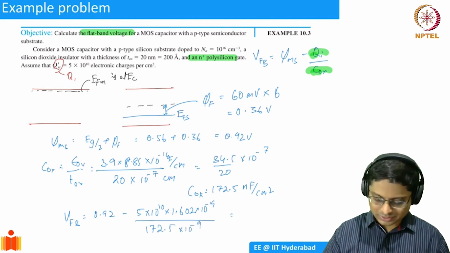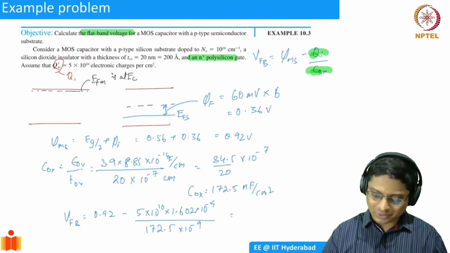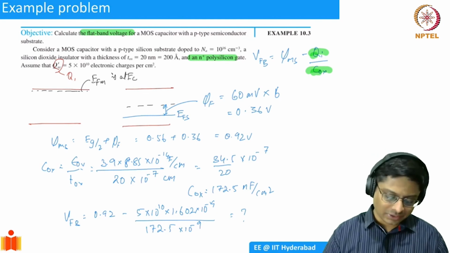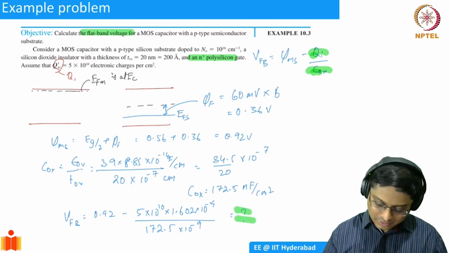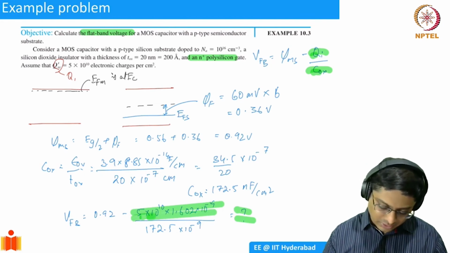Something will come out, some number. You calculate what this number is. So this is how you solve this problem. Remember, you have to multiply the charge by the electron charge here. You should remember this is 3.9 and this is 10 power minus 14.